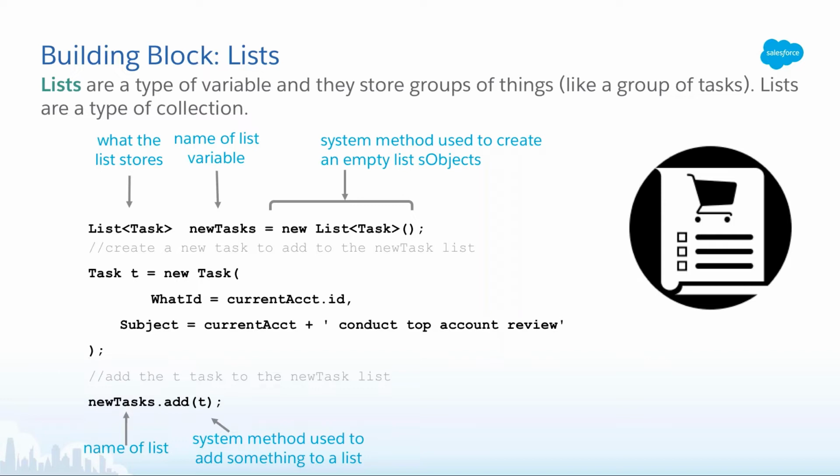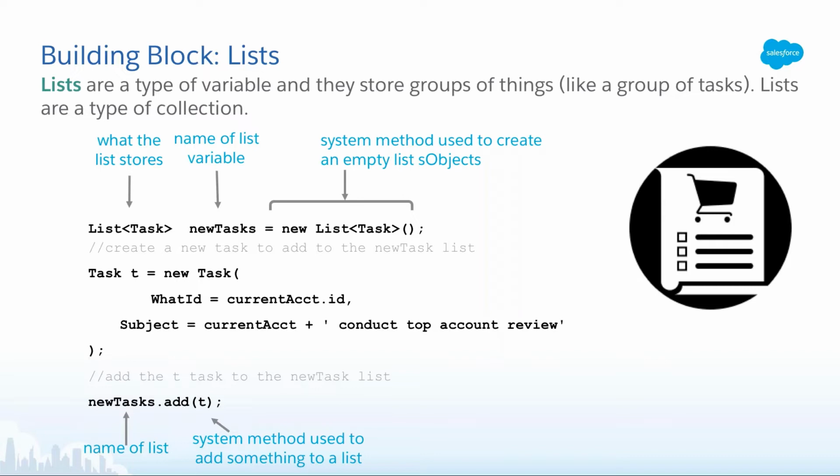On the second line of code, we're creating that new task sObject to add to our list. And that same thing goes for any standard or custom sObjects that you want to create. So next, we name our task T, and we assign T certain properties like we did earlier, like WhatId or Subject, or it can be any properties that are associated with the task object.